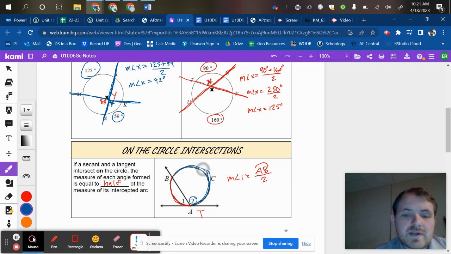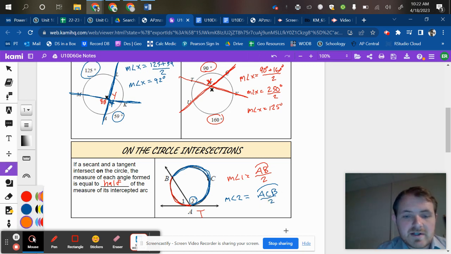Probably going to use 3 letters for this one because it looks like it's bigger than 180. So I've got the measure of angle 2. That's arc ACB. You could have said BCA if you wanted to. And that is all divided by 2.